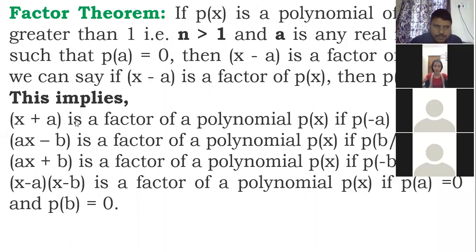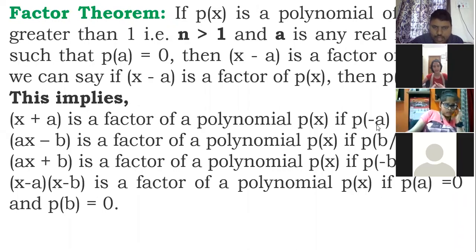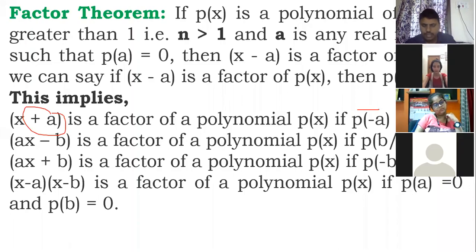So if x plus A is a factor of the polynomial P of X, here plus A is there, so what do you substitute? Minus A. P of minus A, you have to get answer 0. In the remainder theorem you can get any answer, but here you have to get 0. Nothing new, everything is the same, but the answer is definitely 0.